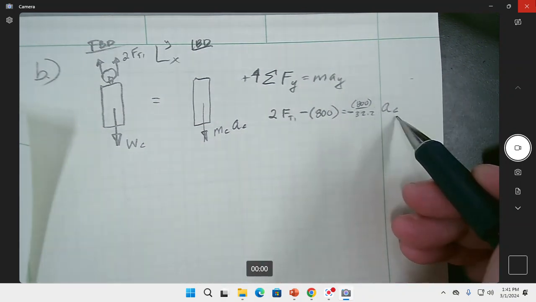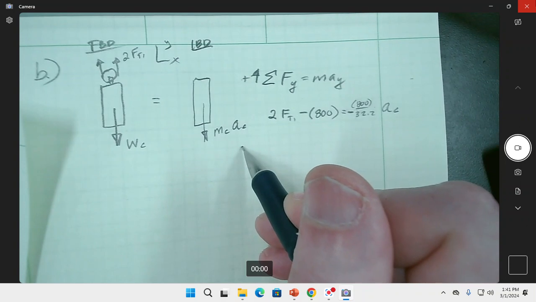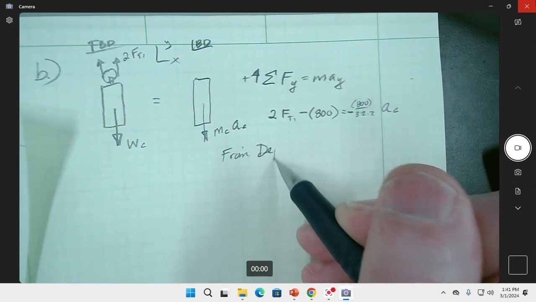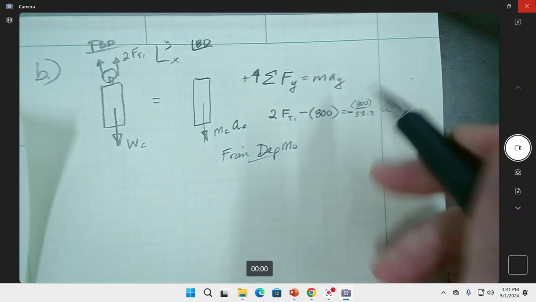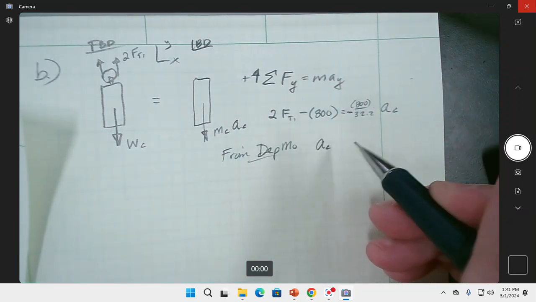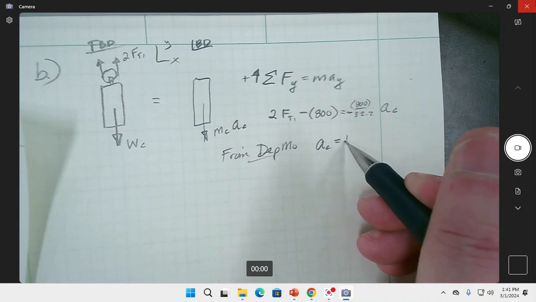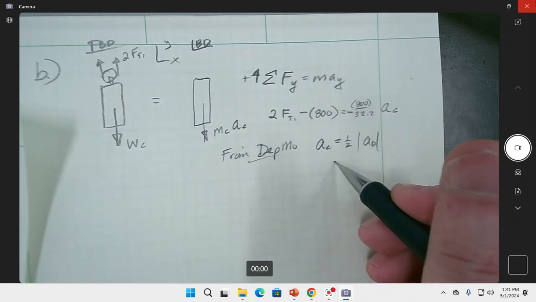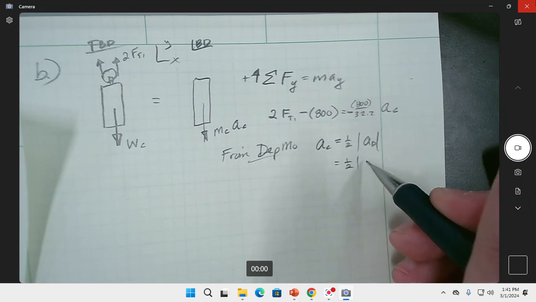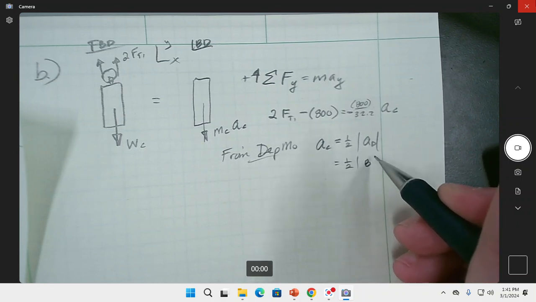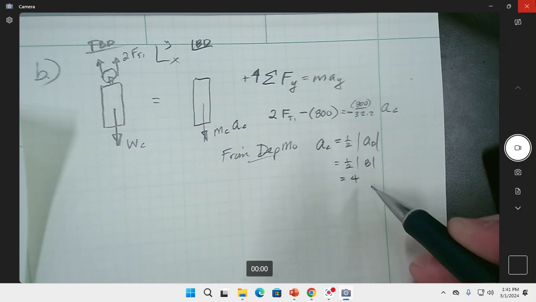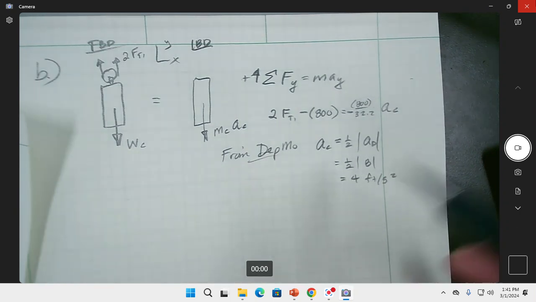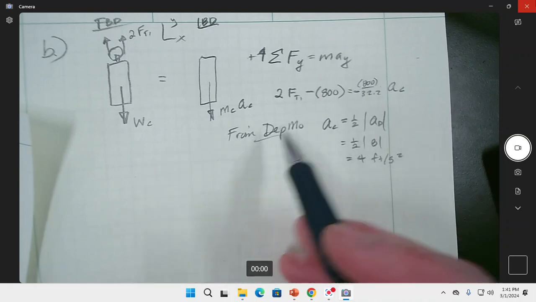And now I don't know AC, so I'm going to go from the depth mode, and I'll say that the acceleration of C is equal to 1/2 the acceleration of D, which is not hard to do because that's going to be 8. Therefore, it's 4 feet per second squared. That might be a little over the top writing the thing in, but you do need to communicate.